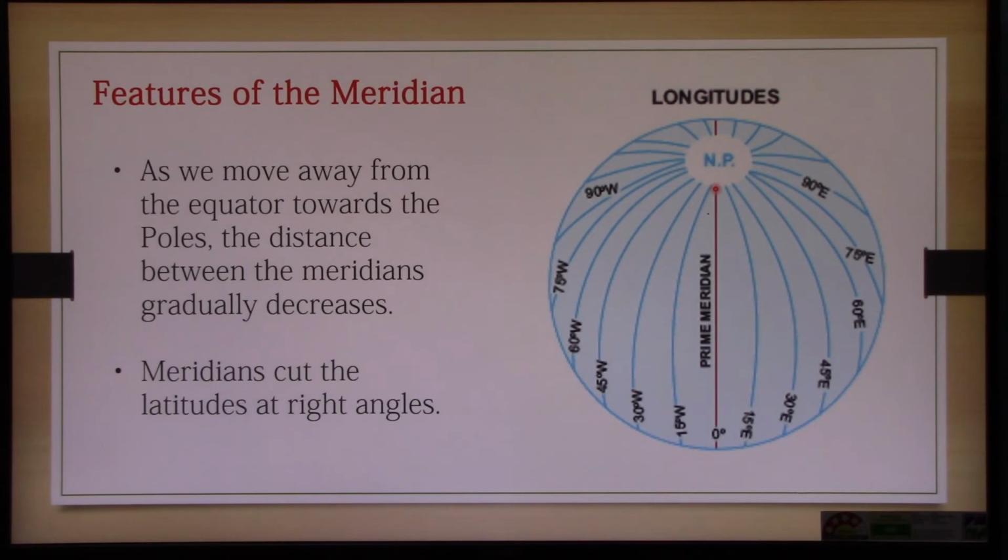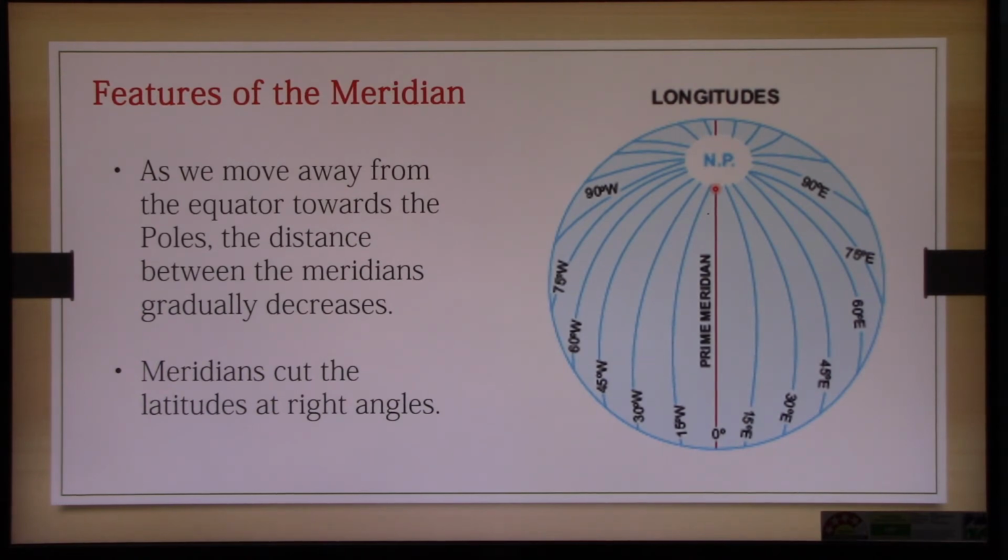Another thing, features of the meridian. We had read the first two, now the next two points. What are they? As we move away from the equator towards the poles, the distance between the meridians gradually decreases, like I already told you. And the last feature is meridians cut the latitudes at right angles. In mathematics, children, you have learned what is a right angle. It is the perpendicular at the base.